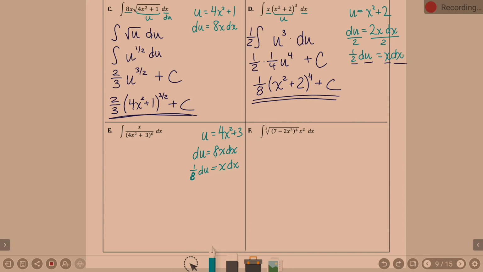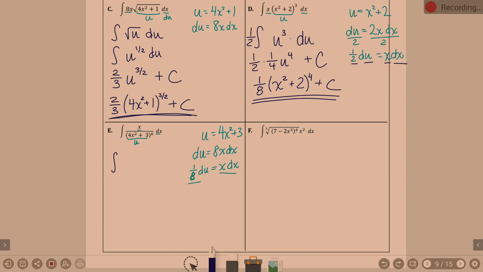Okay, so 4x squared plus 3 is going to be u. That power of 6 is good, right? That's just a power. So we're going to have that u to the 6th. X dx matches up with 1/8 du. Does that take care of everything? Yeah. Okay. Let's go.